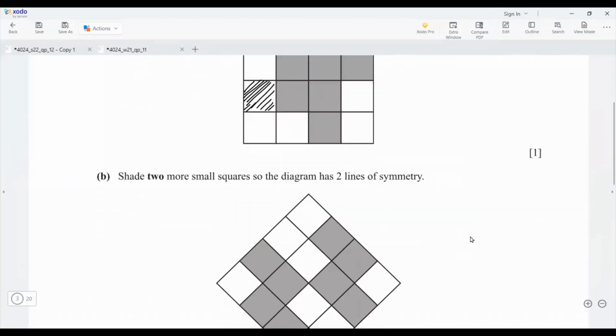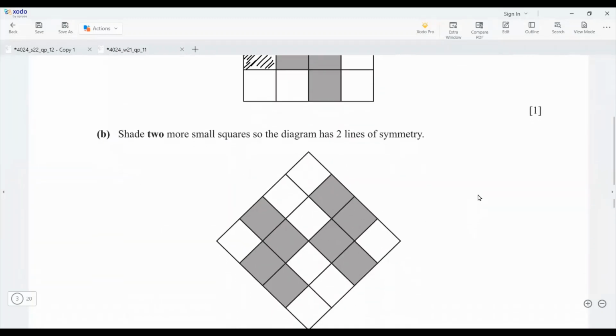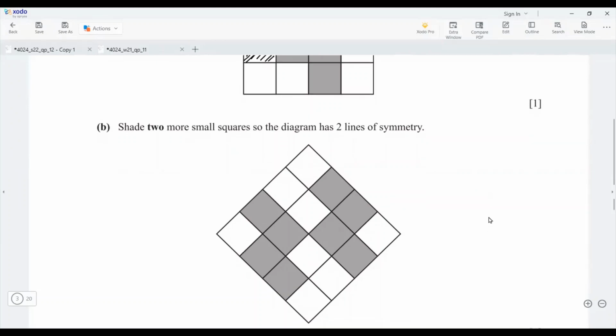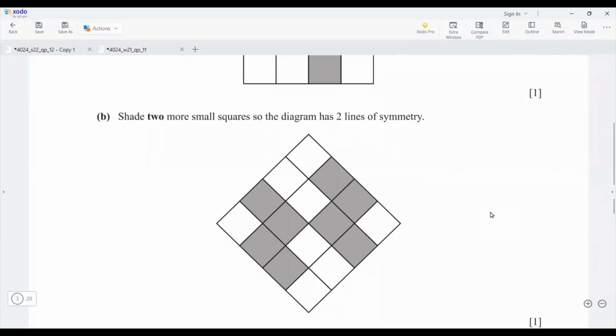So in the next part, we have to shade 2 of the squares in order to get 2 lines of symmetry. Line of symmetry is basically a mirror line for the object. Means that we are having the same shape on the other side as well. So this diagram is already a complete square, so it must be having different kinds of lines of symmetry.